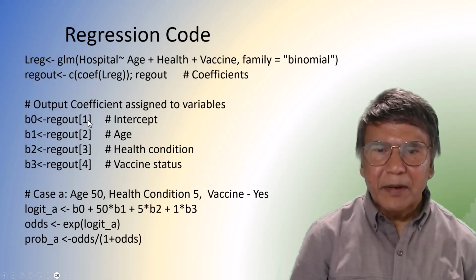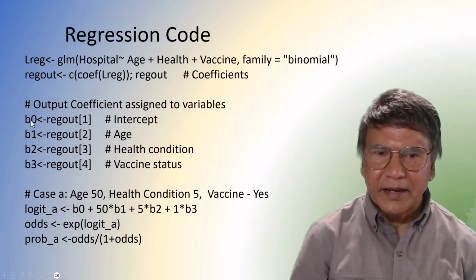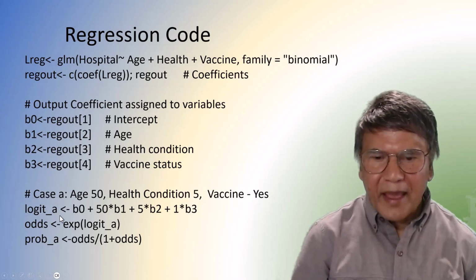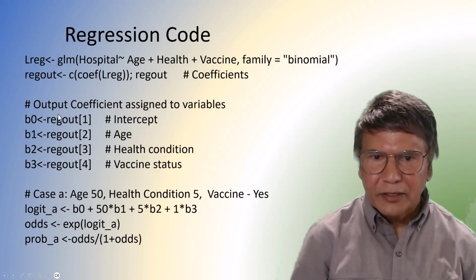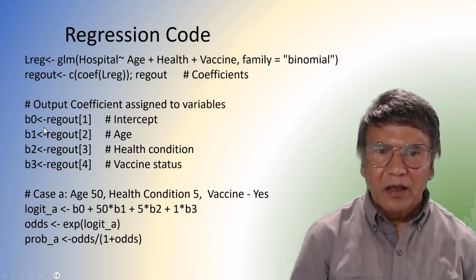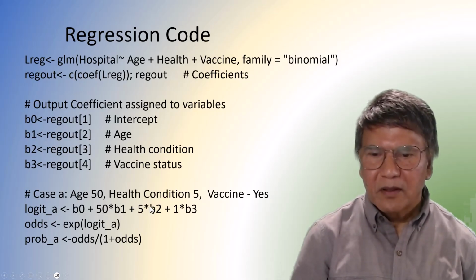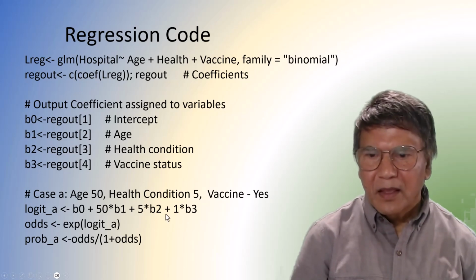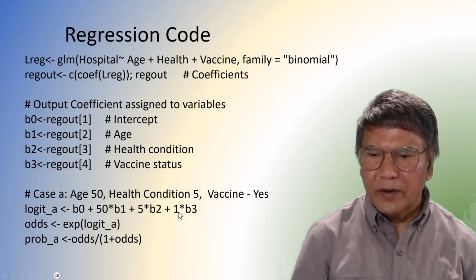Now we can simply get variable 1 is the intercept, 2 is slope 1, slope 2, slope 3, etc. Then we compute, call it logit A, which simply will be the intercept plus 50 times, that's the age, the slope for that one, 5 times, this is the health condition, the slope for that one, and 1 times the slope for this one, this is the vaccine status, yes.